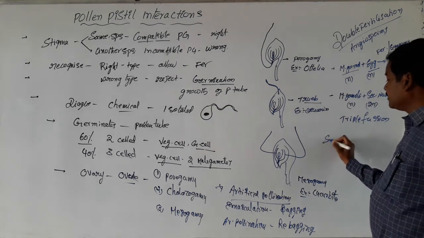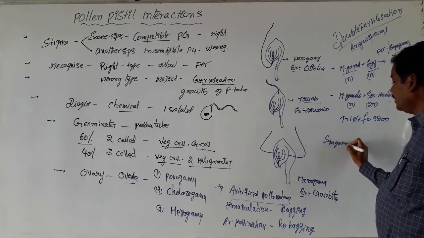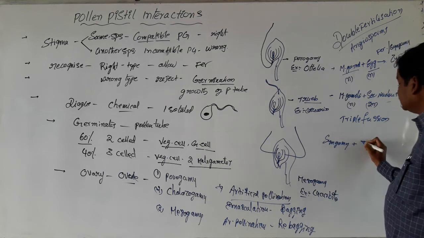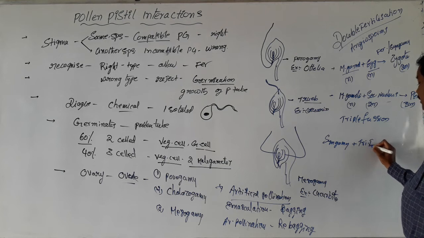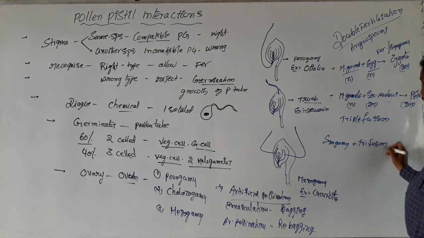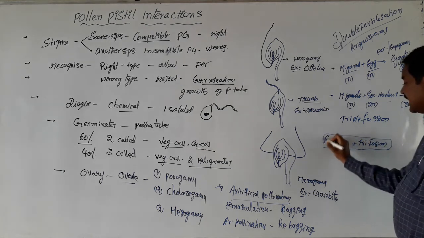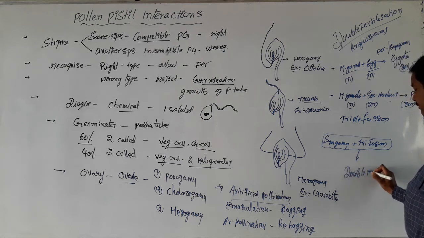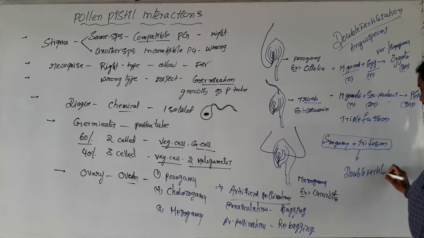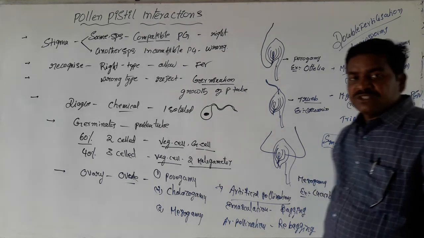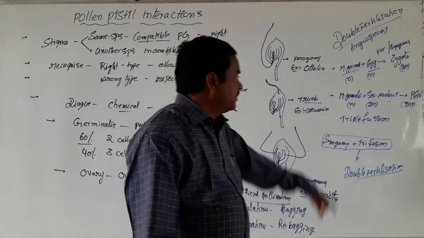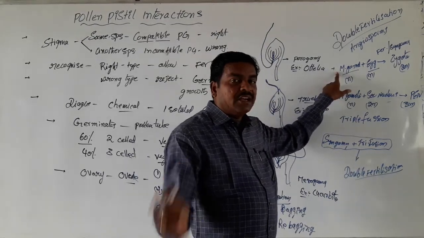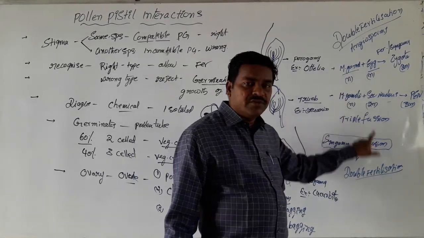Here both syngamy and triple fusion are considered as double fertilization. In angiosperms, one male gamete participates in syngamy and the second male gamete participates in triple fusion.